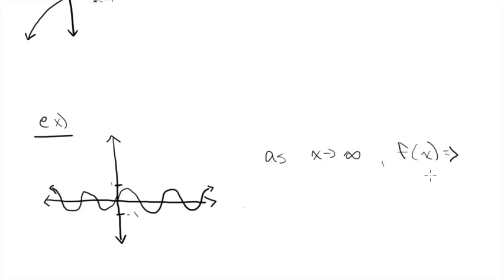It's not getting bigger. It's not going to a number. So we can't discuss end behavior for this one. Well, we could say it's bouncing back and forth. But in general, when we talk about end behavior, we mean it's going to a number, or it's getting bigger and bigger, meaning it's going to infinity, or smaller and smaller, meaning negative infinity.